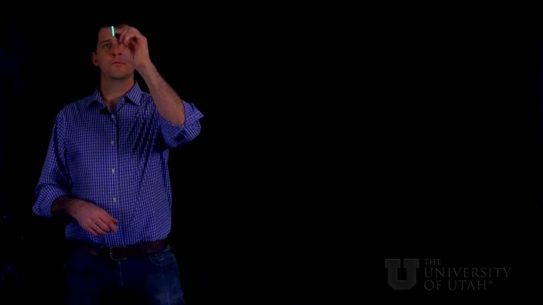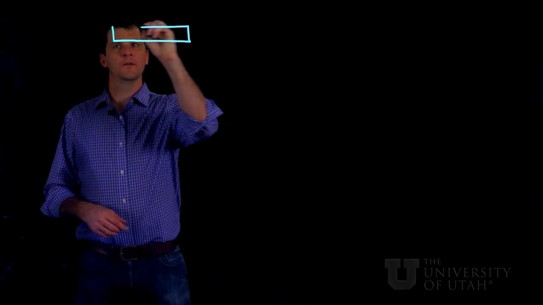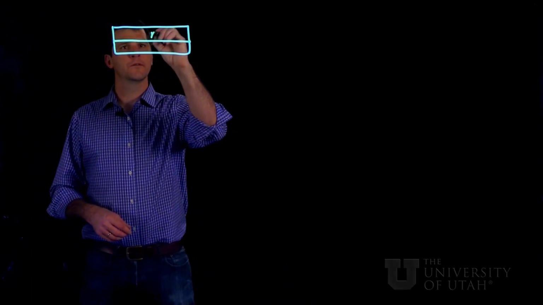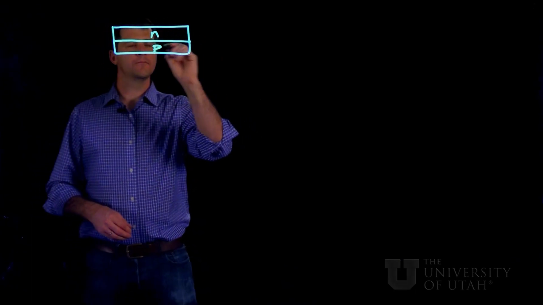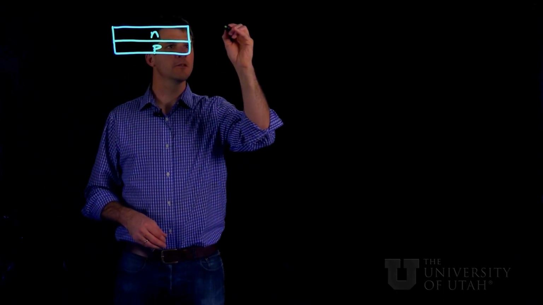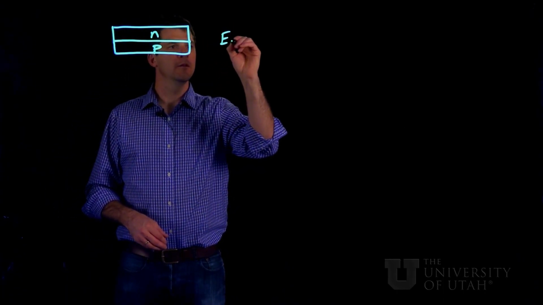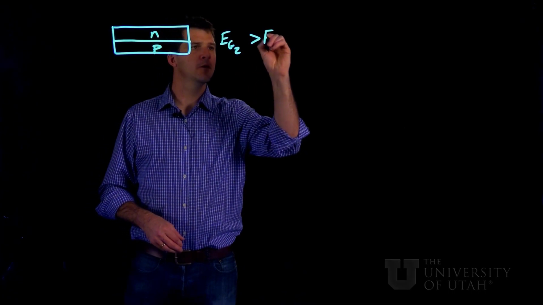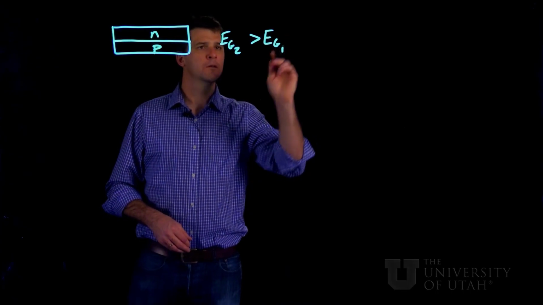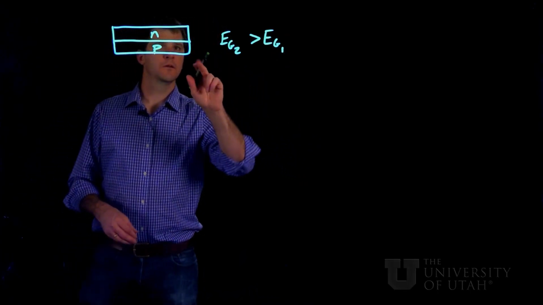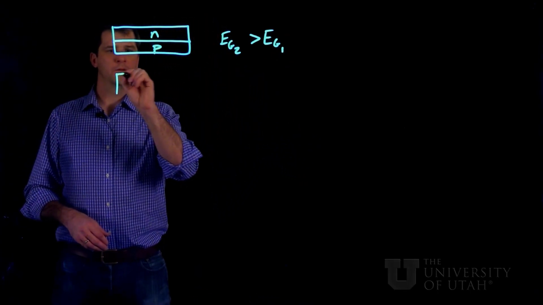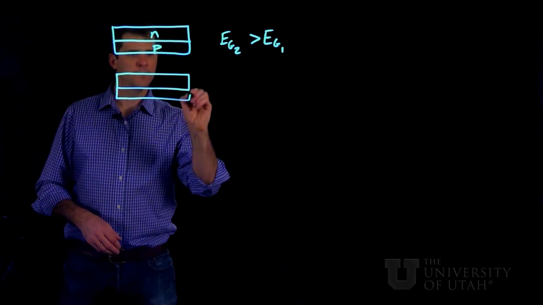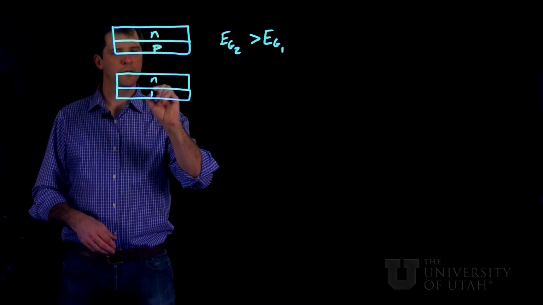So the example I always point to is in what's called a multi-junction solar cell. So you can construct a multi-junction solar cell by having two cells stacked on top of each other, with the top one here having a larger band gap, and then the bottom one here being made of a smaller band gap material.